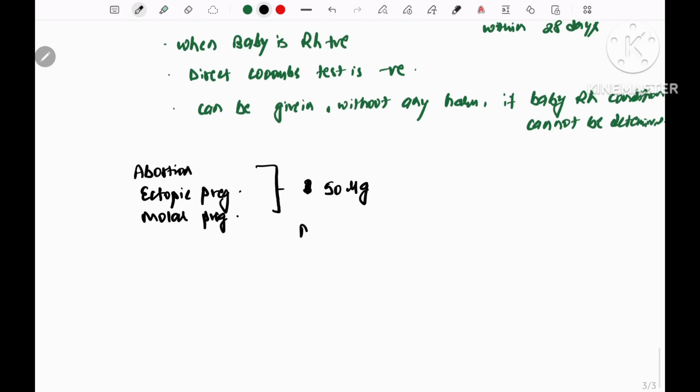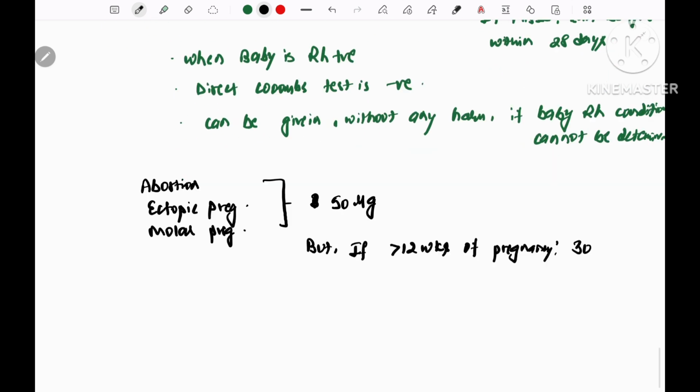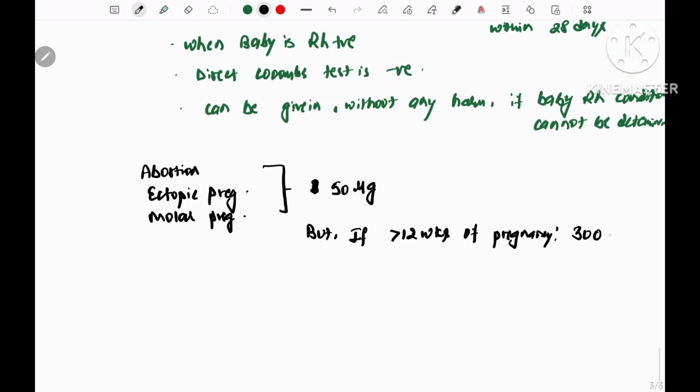But if the pregnancy crosses more than 12 weeks, then we have to give 300 microgram immunoglobulin.